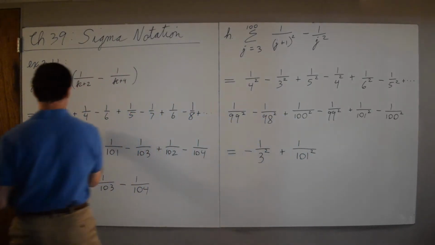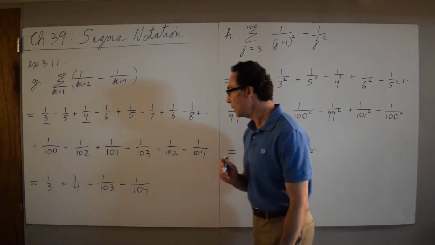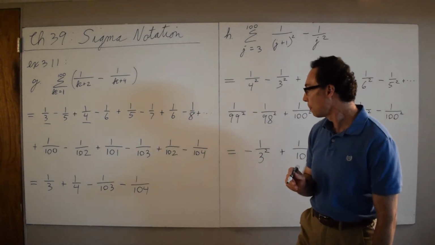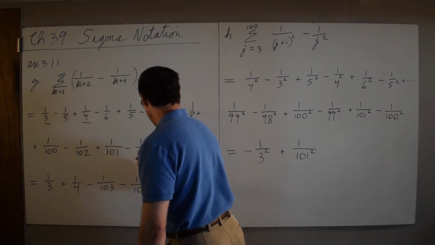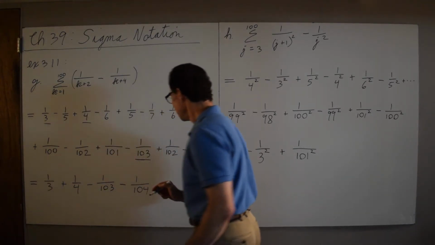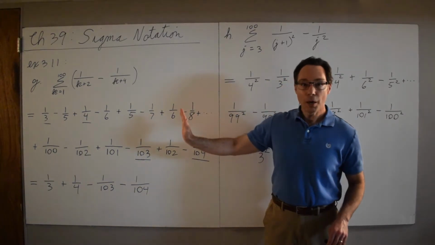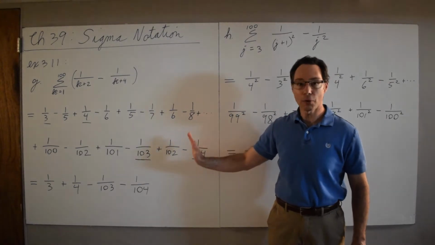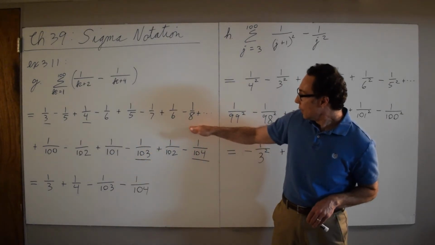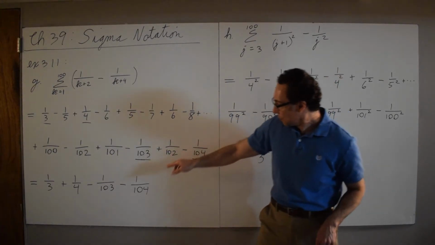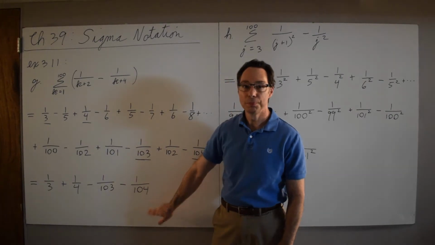And so we have these two terms at the beginning did not cancel, and what didn't cancel at the end, this one and this one. So this whole sum collapses, or as we say, telescopes, because you push it together, and the middle collapses. We have two terms at the beginning, two terms at the end.